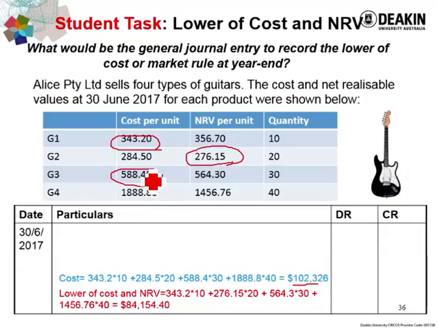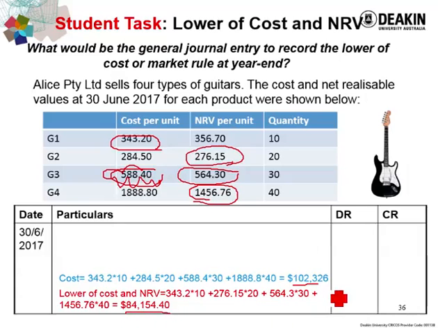Oh, sorry. For G3, the market price is lower, the NRV is lower, so 30 times 564.3. And for G4, again, the market price is lower, so 40 times 1456.76.